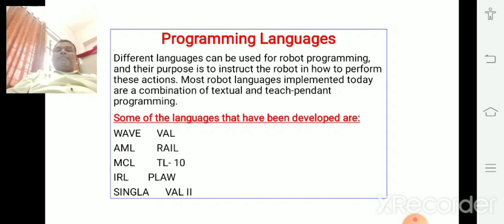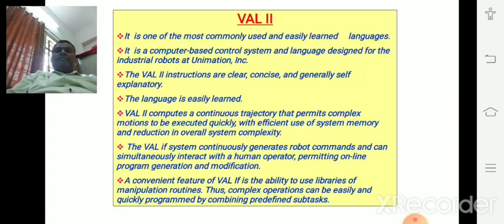Some of the languages developed and used for robot programming are WAVE, AML, MCL, IRL, SIGLA, WAL, RAIL, PLA, TL10 and VAL2.